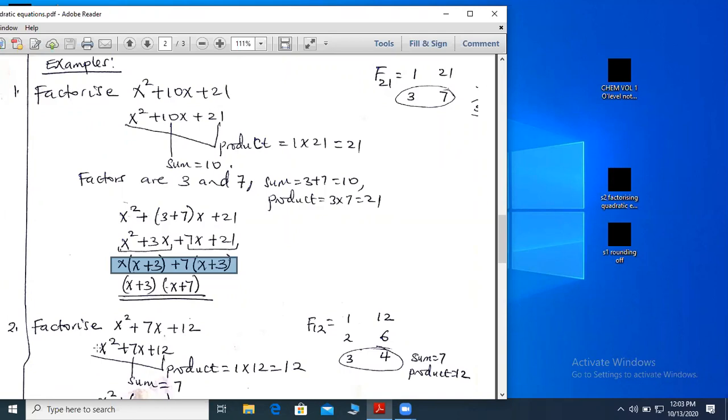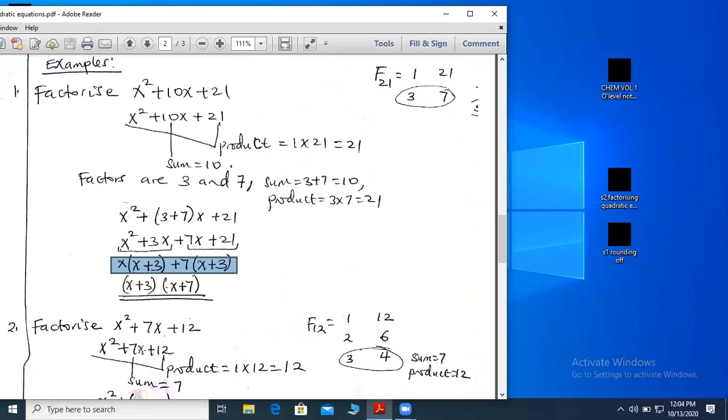The product of the factors is going to be 1 times 12, which is 12, and the sum is 7. So we shall need to get two numbers which, when we multiply them, we get 12, and when we add them, we get 7.